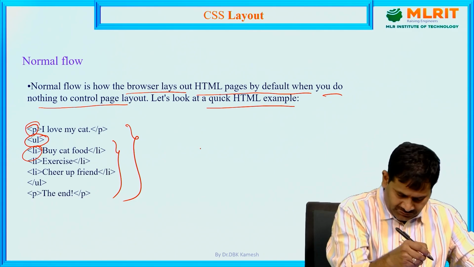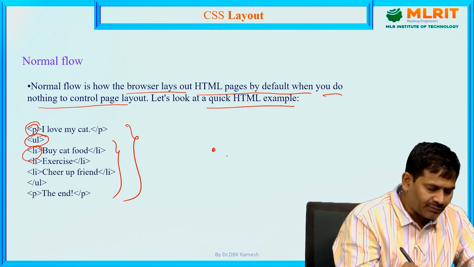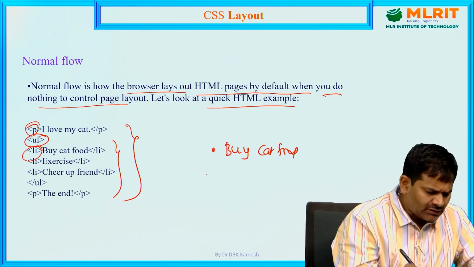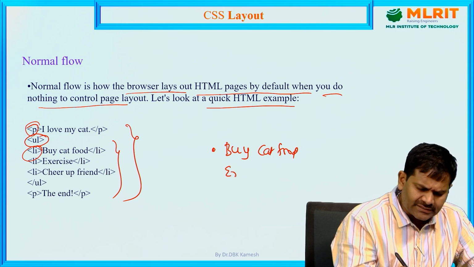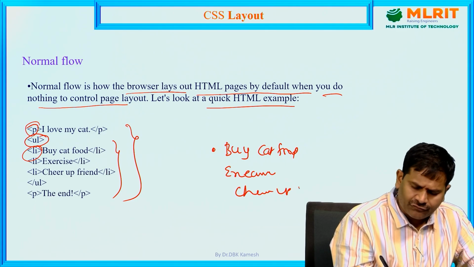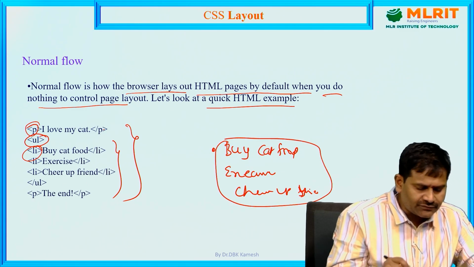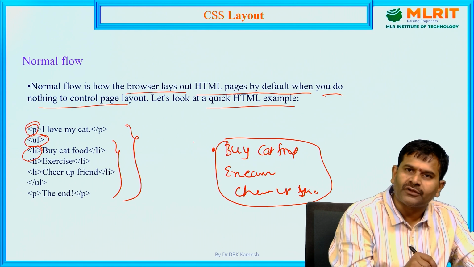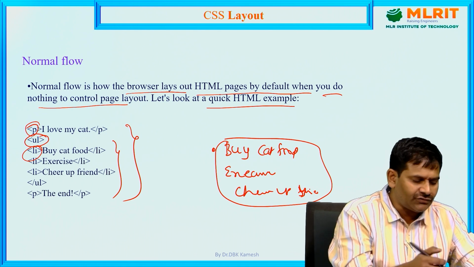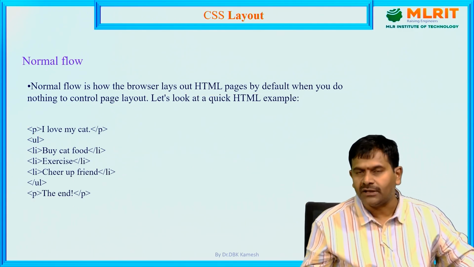In the HTML we can add such content, and a page break can also be applied. This is a CSS layout in a quick HTML example, and this is called normal flow.